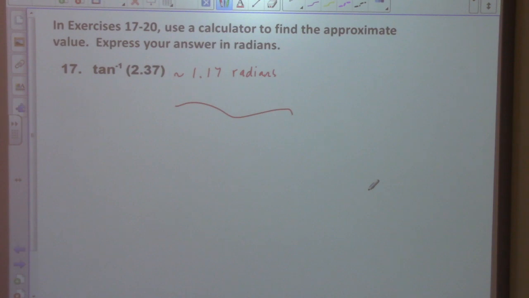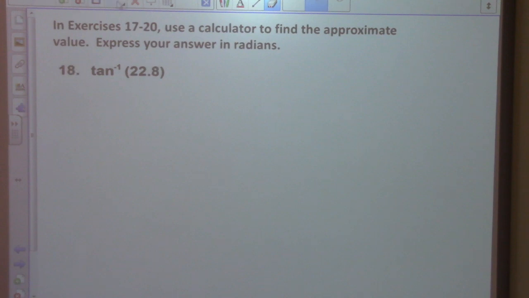Now this one here, you have a tangent, so it's going to be over 1 radian. It's going to be 1 point something radians, I predict.